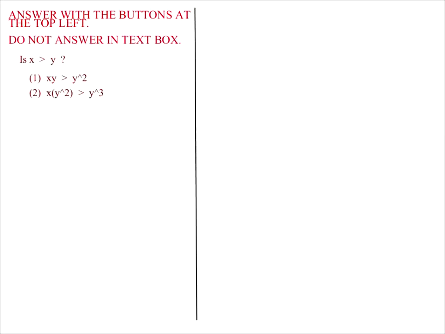Okay, I'm going to give you a timer with about 1 minute and 40 seconds. This is a pretty short problem. So have a good time. Please, again, do not answer in the text box. There are buttons up there that you can click at the top left of your screen.